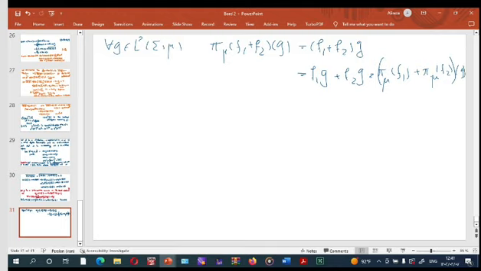This holds for all g, so that we have this equality, okay?